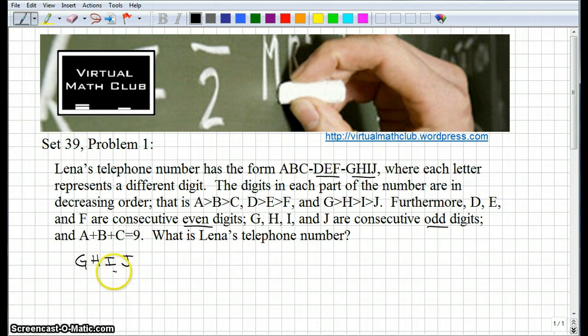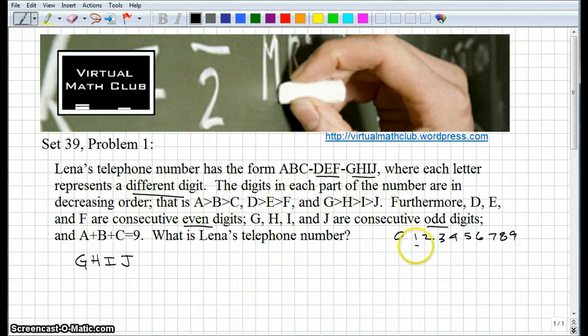So there's probably fewer possibilities, because we're only dealing with the digits 0, 1, 2, 3, 4, 5, 6, 7, 8, 9, right? So these are all different digits too. It says that they're all different digits.